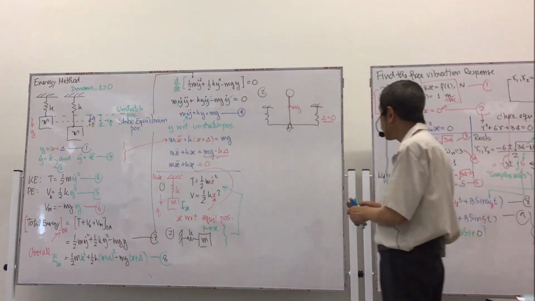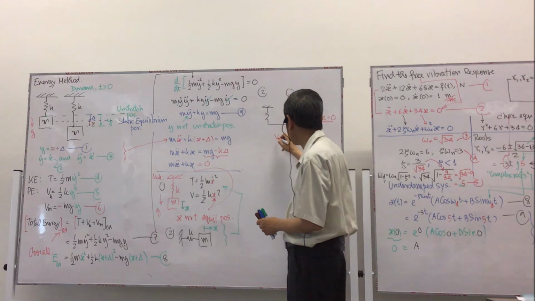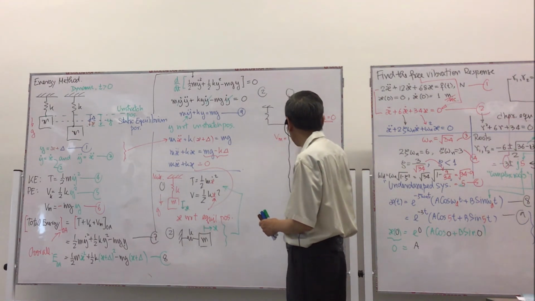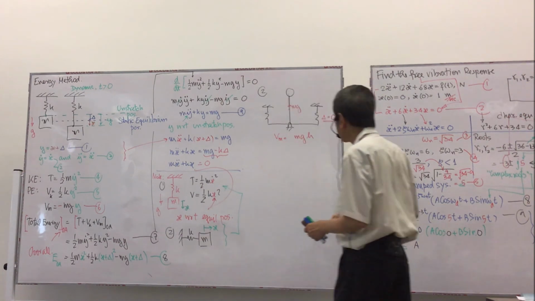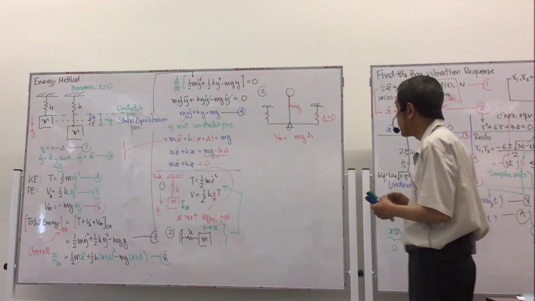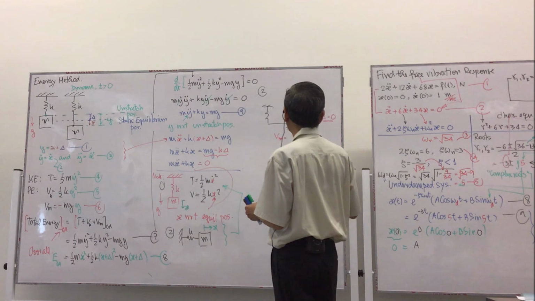So in this case, V sub m equals what? m g h. This one is below the equilibrium.